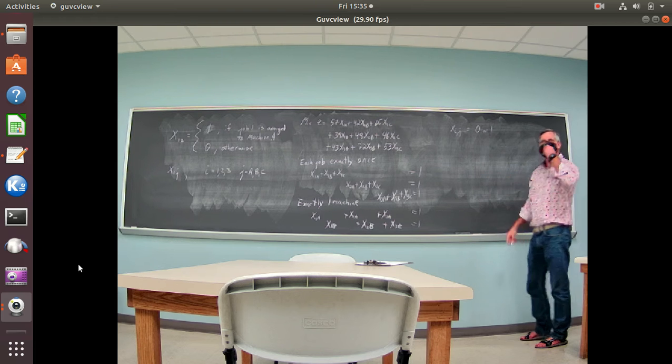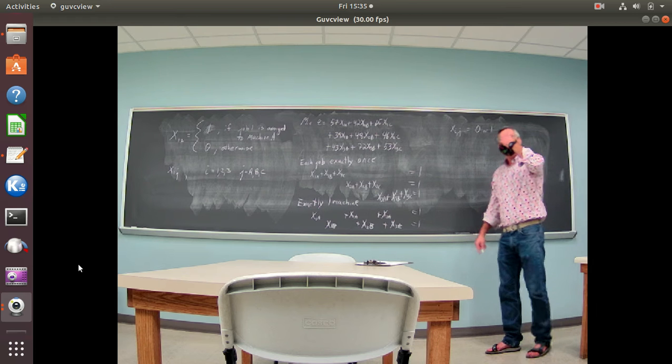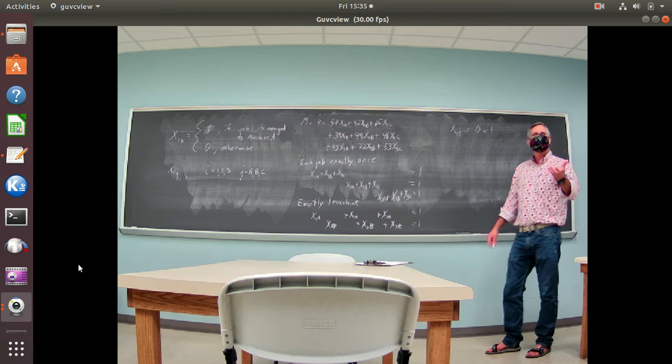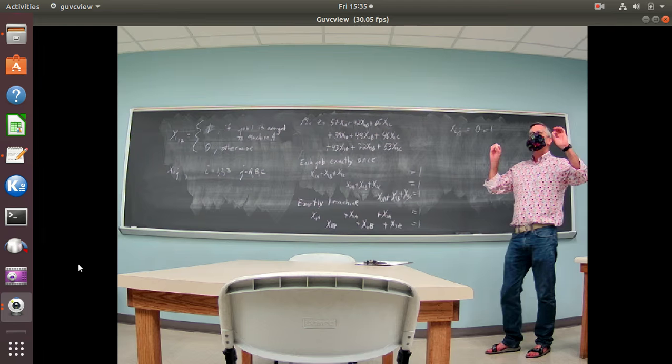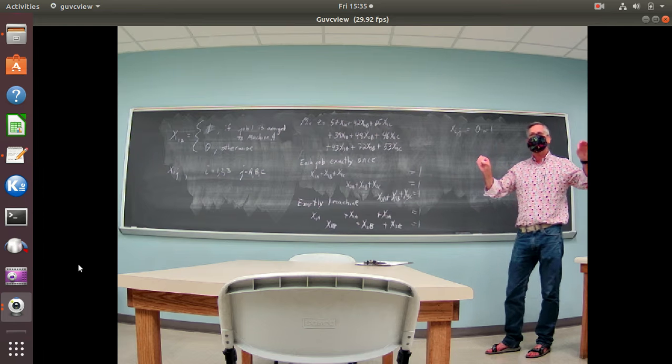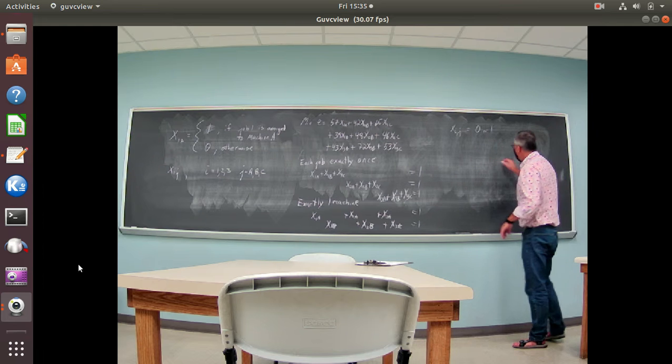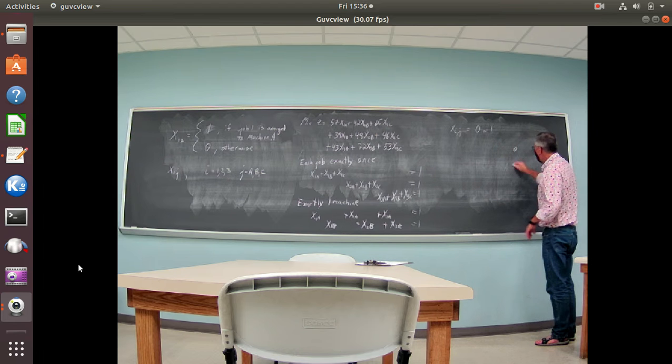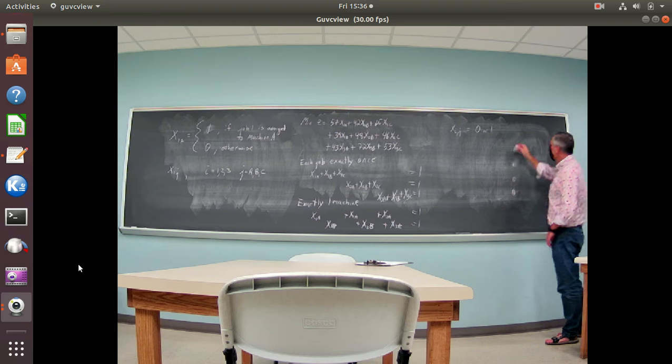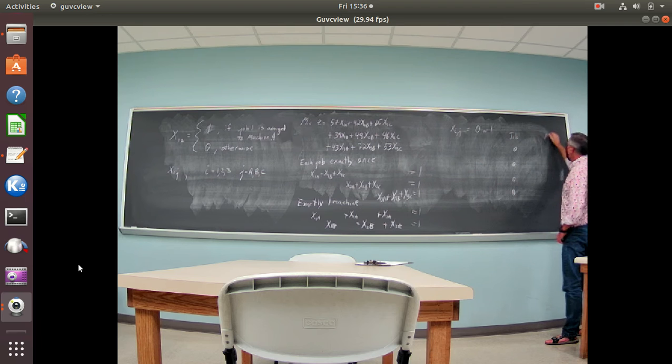Here's the thing with these network problems, and notice I'm calling this a network problem. A network problem is anything where I can conceptualize it as a bunch of nodes. Okay, here's the job, here's the machine.